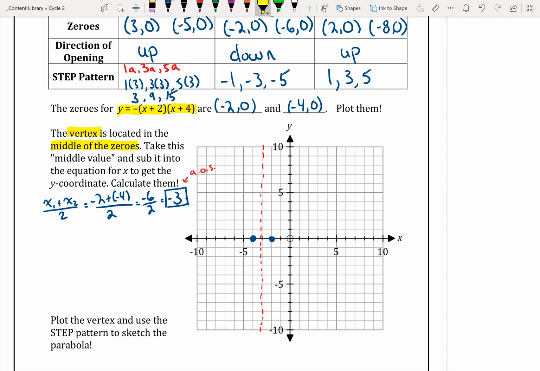The second step though is to take the middle value and sub it into the equation for x to get the y coordinate. So I'm going to take my original equation, y equals negative x plus 2 times x plus 4, and I'm going to take that x value that I just found and substitute it in.